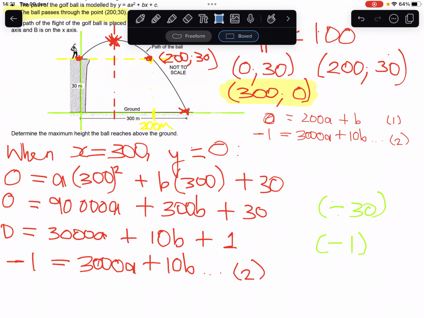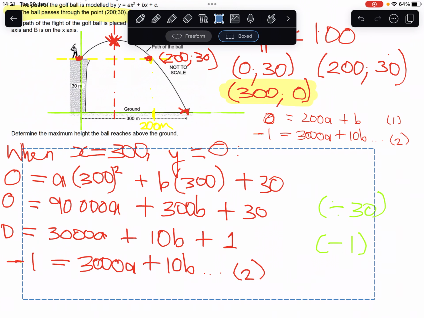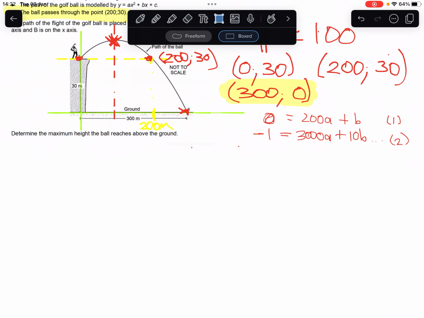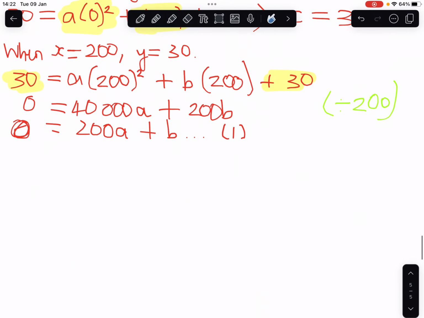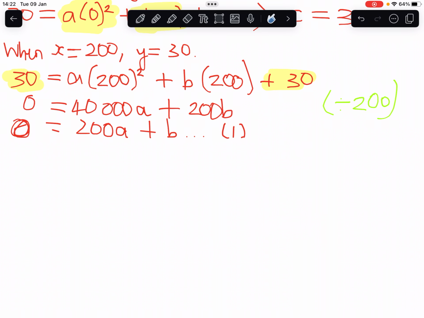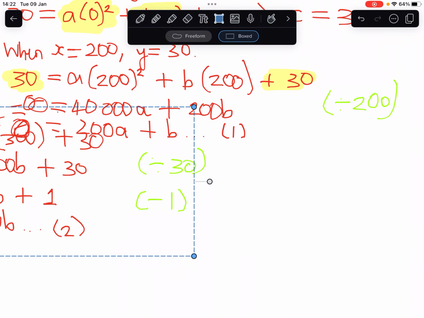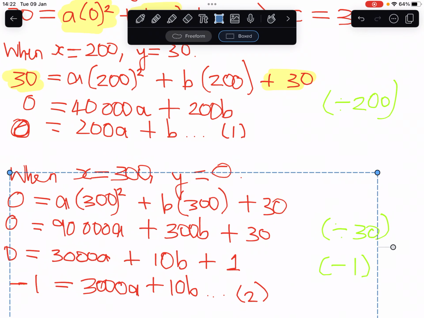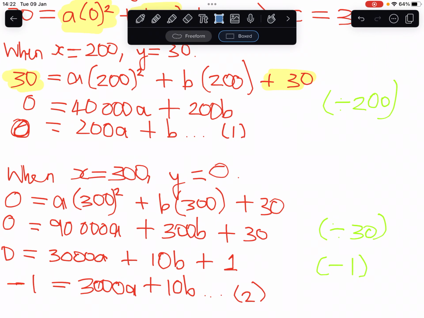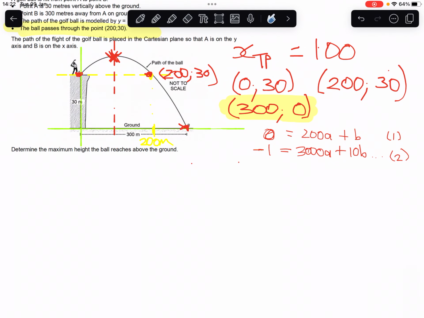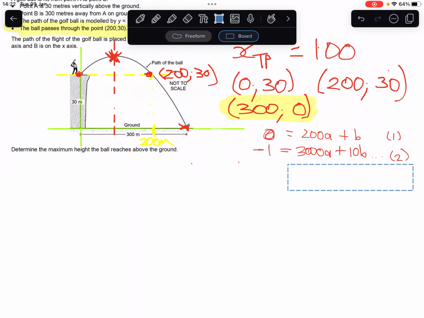Perfect. Then let's move these guys down. I hope that gets everything. Okay, so these are now our two equations.